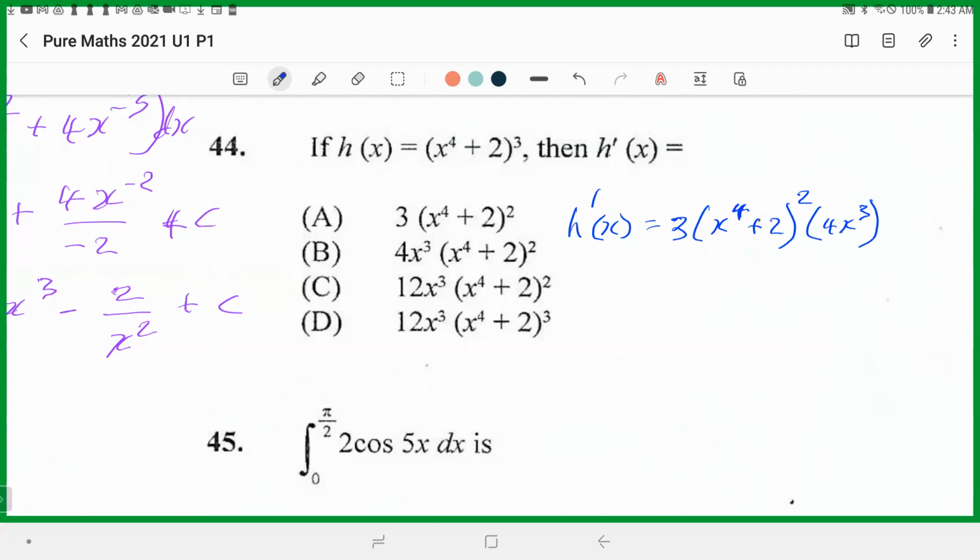So we're going to differentiate it one time. Let's consolidate. So when I get 12x cubed into x to the 4th plus 2 squared, 12x cubed. So 12x cubed and 12x cubed there.